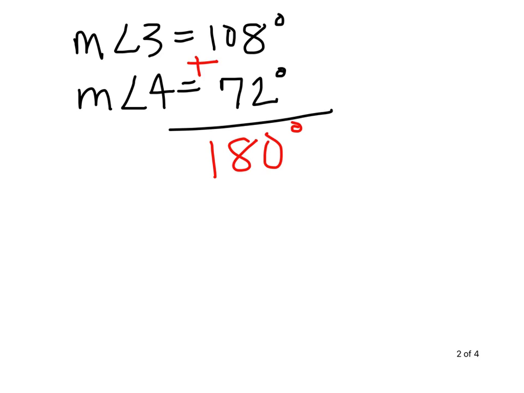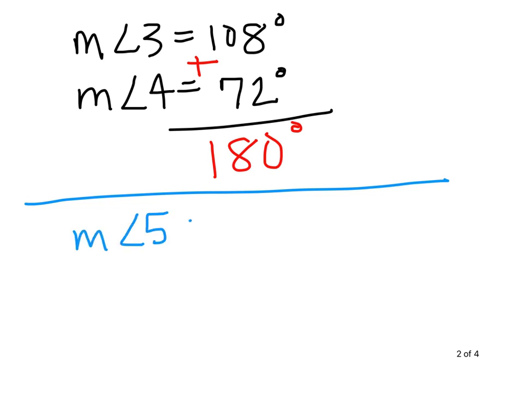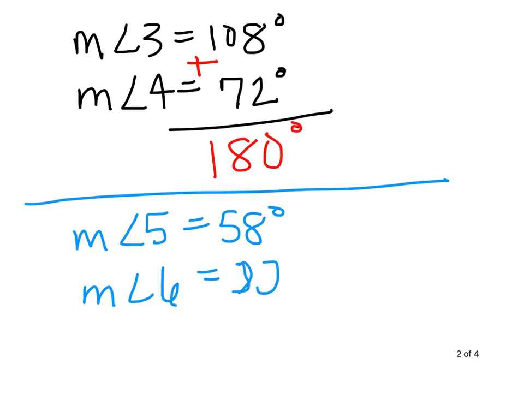So for number 5, we have angle 5, which is 58 degrees, and we have angle 6, which is 32 degrees. The angles for 5 are complementary.